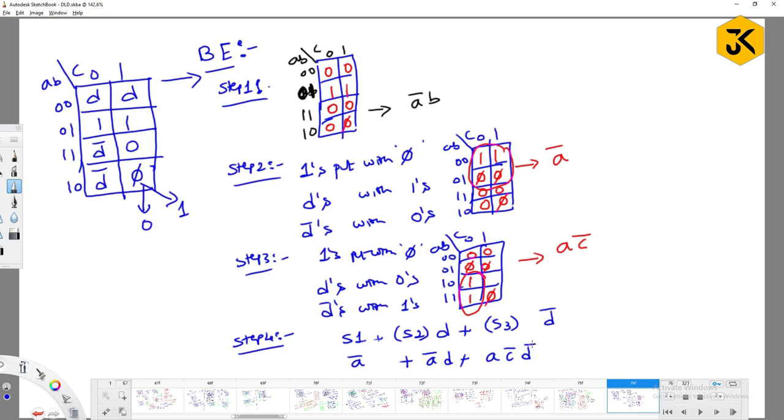This is the final expression for this one, right? Meaning that when you get any kind of variable entered map as a mapping table, you have to follow this procedure in order to get your final output. If you do not follow it, it will be difficult to get the result.